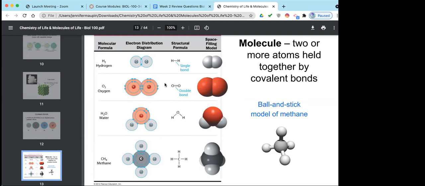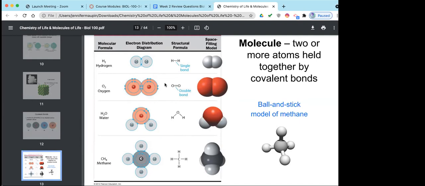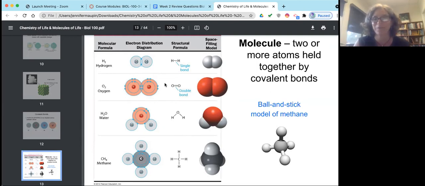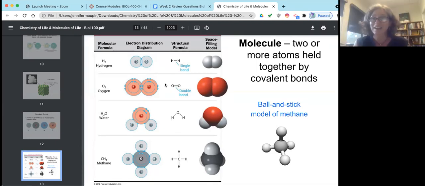Sorry, I don't want to interrupt. I just have a quick question on that. Okay, good. We haven't quite gotten to polar yet, but we're getting there. You're talking about the number of bonds that it's making. Is it making the same number of bonds as it's missing electrons? Yeah, it's trying to become a stable atom.